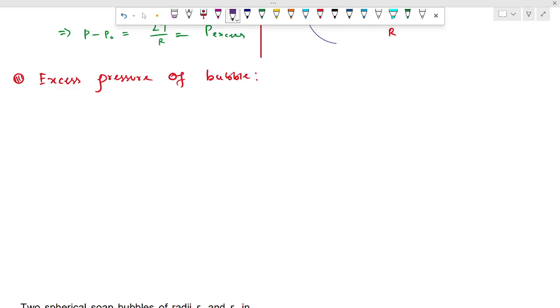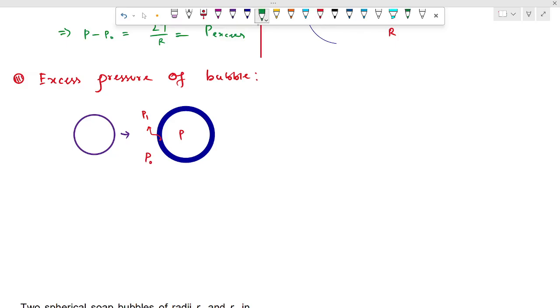A usual bubble looks like this, but for better understanding, let me draw it with the liquid a little thick. The pressure outside is P naught, and here we have some liquid. Let us take the pressure in the liquid as P1, and inside the bubble it is P.